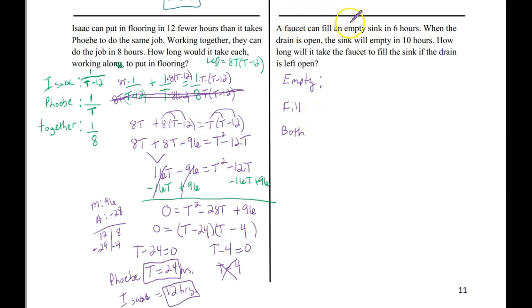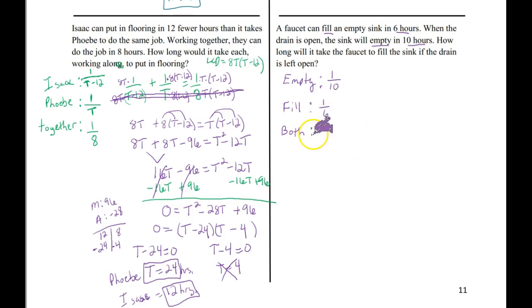So a faucet can fill an empty sink in 6 hours, so the rate is one sink in 6 hours. When the drain is open, the sink will empty in 10 hours. So again, one sink takes 10 hours.